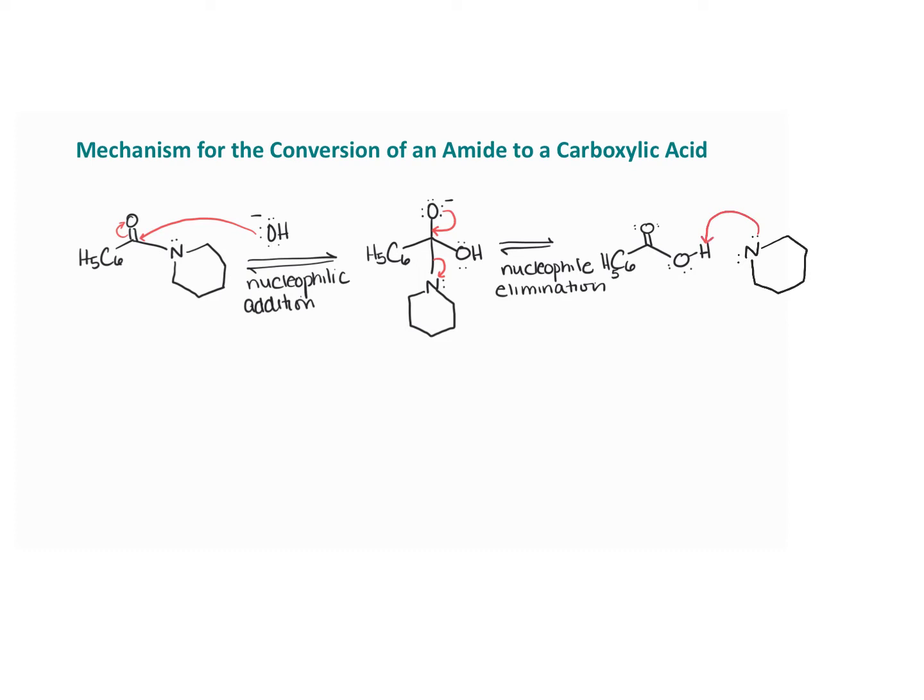And when it steals that proton, those electrons are going to go back on the oxygen. And so we have a proton transfer. When that occurs, we've got this complex here.